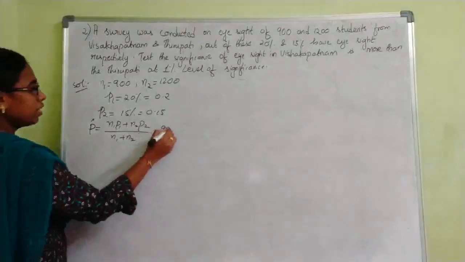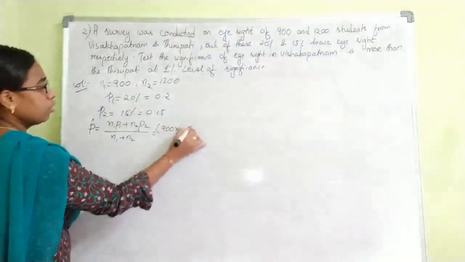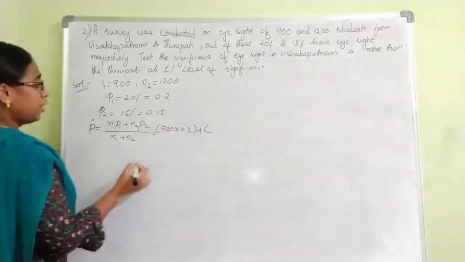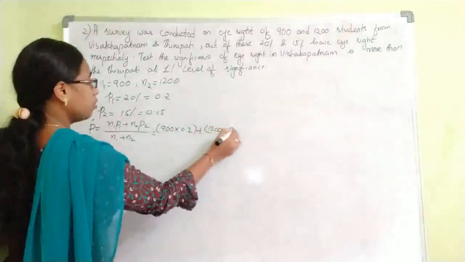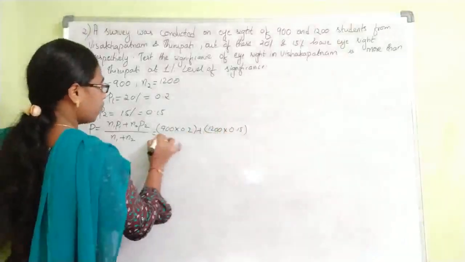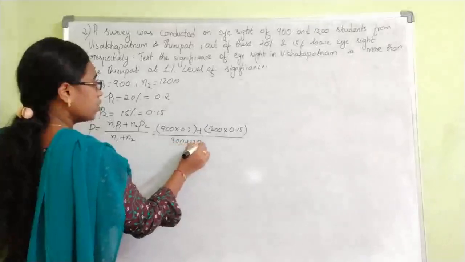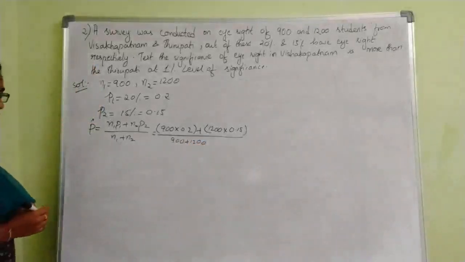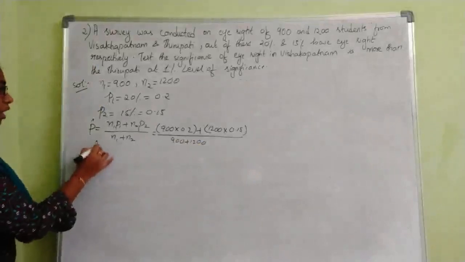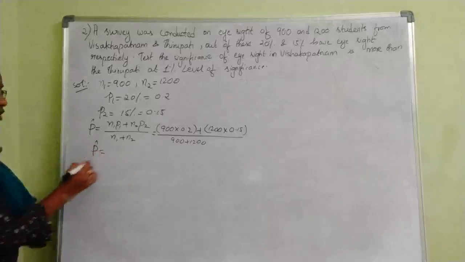N1 is 900 into P1 is 0.2 plus N2 is 1200 into P2 value 0.15, divided by 900 plus 1200. So therefore we get the capital P hat, the population proportion, as 0.1712.